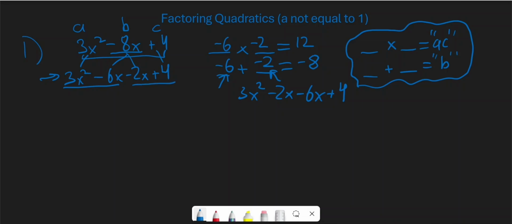All right, which takes us to step number 2. You want to factor out the GCF between the first two terms. 3x squared and negative 6x both have a common factor numerically of 3 and algebraically of x. And 3x times what gives you a 3x squared? 3x times x does. 3x times what gives you a negative 6x? 3x times negative 2 gives you a negative 6x.